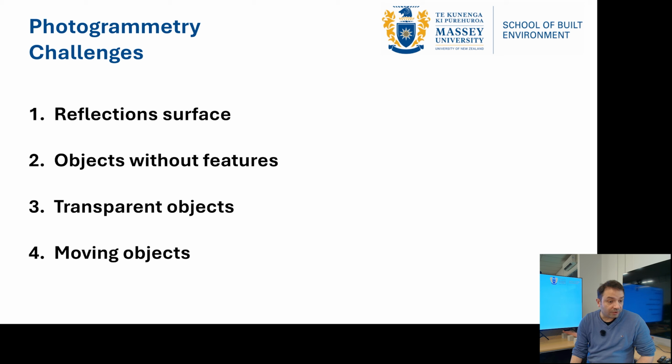If you try to do 3D scanning of an object that doesn't have features, like a completely white element or a completely white room, it's going to get confused because it doesn't have reference points. Transparent objects are still a nightmare because you don't find steady features inside. And of course, structure from motion works for objects that are steady.